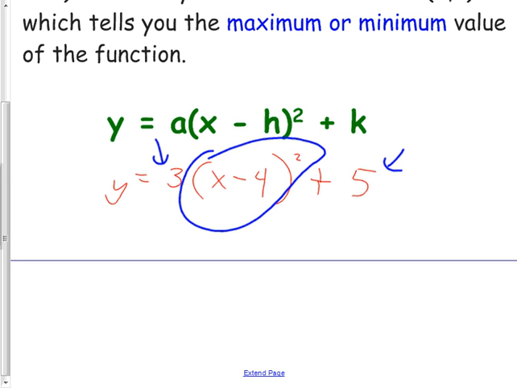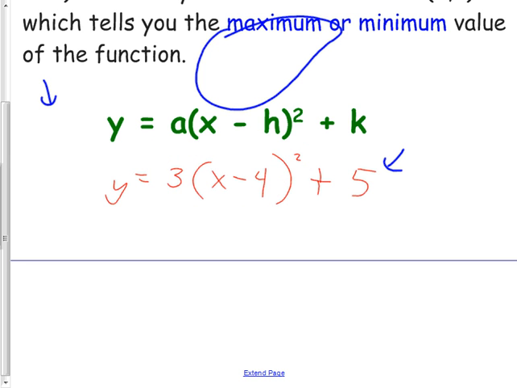Go ahead and do that. x minus 4 times x minus 4, and then times everything by 3. And when you're all done, add a 5. This time I'm not going to have you show me. I am going to have you show someone else, and they're going to tell me whether you were right or not.